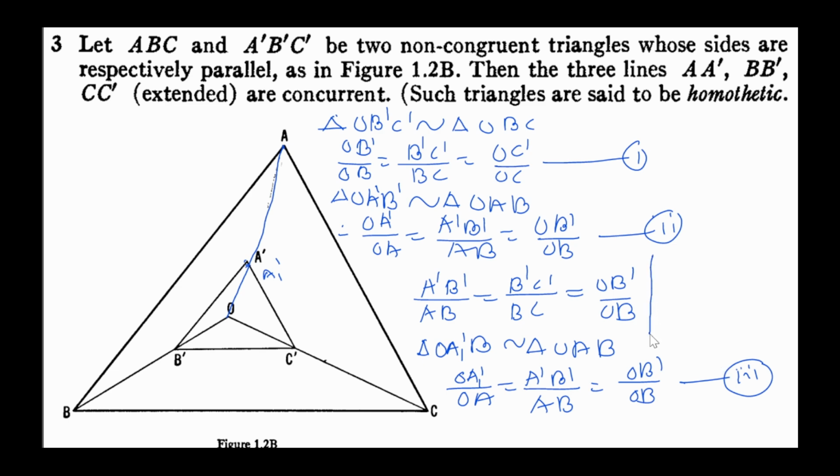From equation 2 and equation 3, OB' upon OB is equal to some ratios. So similarly here, from 3, OB' upon OB is equal to these ratios. Therefore, OA' upon OA is equal to OA1' divided by OA.